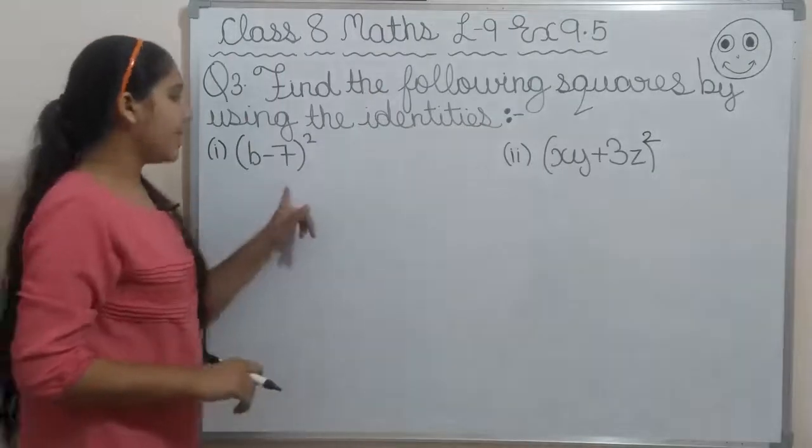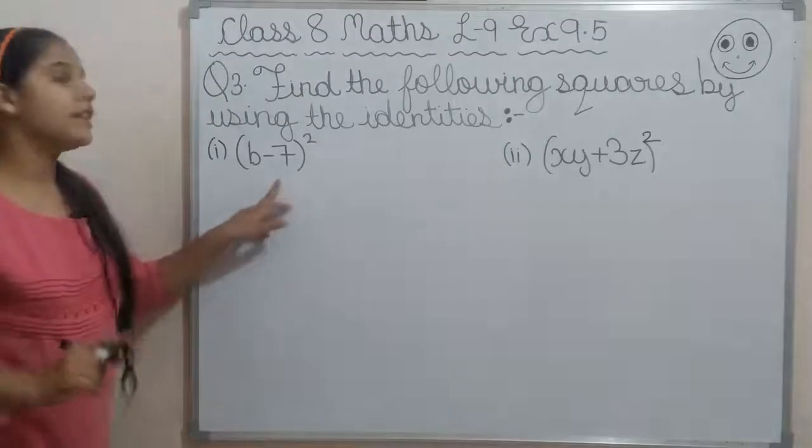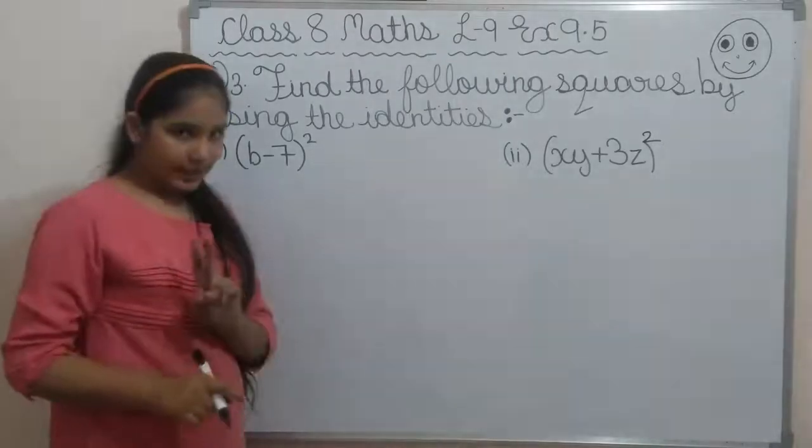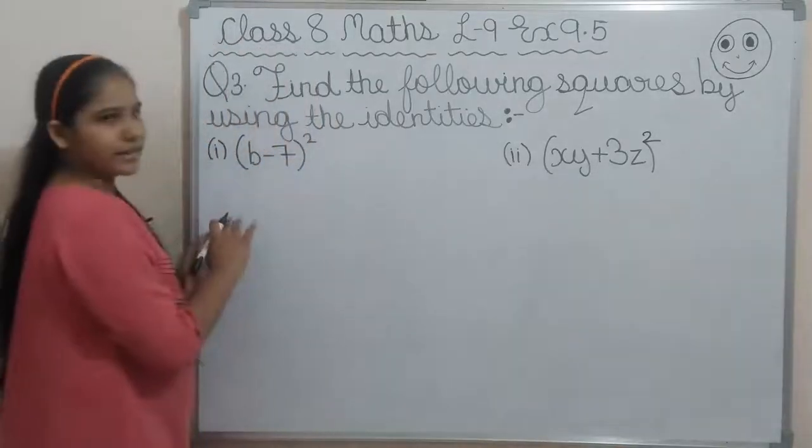The first part is (b minus 7) whole square. Here minus is given, so which property are we going to use? We are going to use the second property.